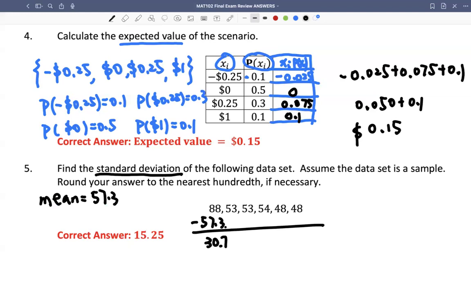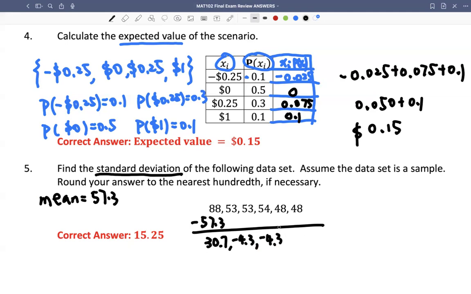Then 53 minus 57.3, we get a negative value, negative 4.3.